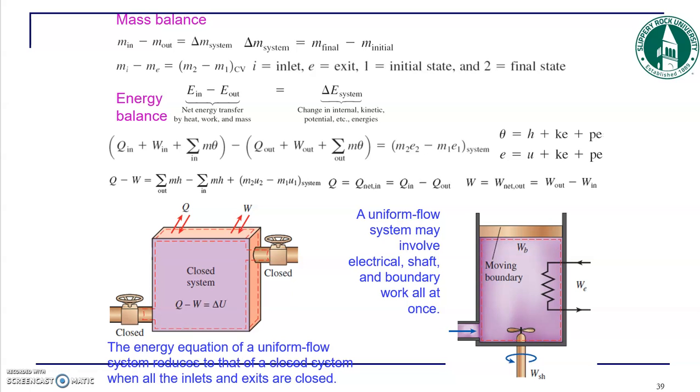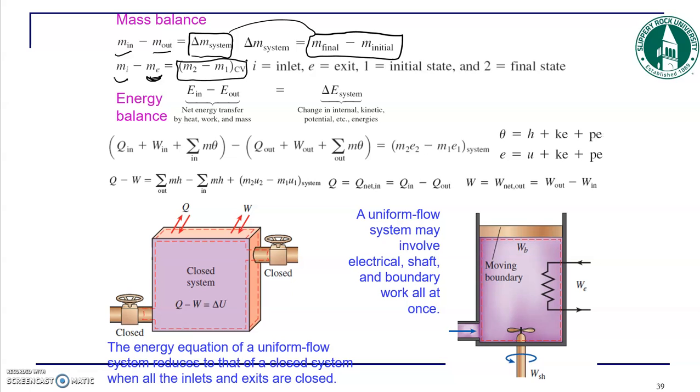If you look at the equations here, the mass balance equation, we have mass in minus mass out equal to total mass change in our system. Because this is an unsteady flow process, this is not zero, and this is the definition: final mass in our system minus initial mass in our system. So the mass in minus mass out, where m_e is the escaped mass, is equal to the total change in the mass of our control volume within that period of time.